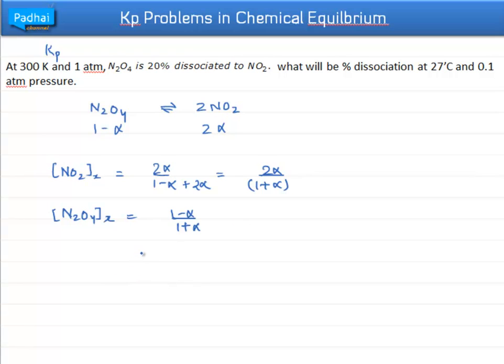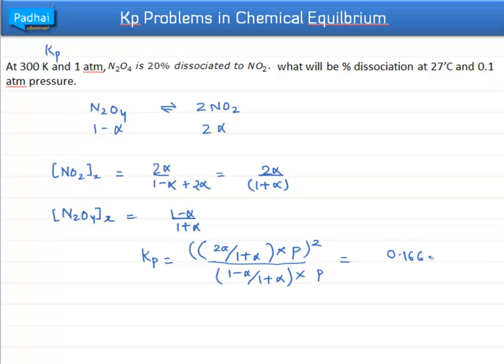So we can now write the Kp as 2 alpha by 1 plus alpha into total pressure P, whole square, divided by 1 minus alpha by 1 plus alpha multiplied by P. So by calculating and replacing P with 1, Kp comes out to be 0.166 atm.